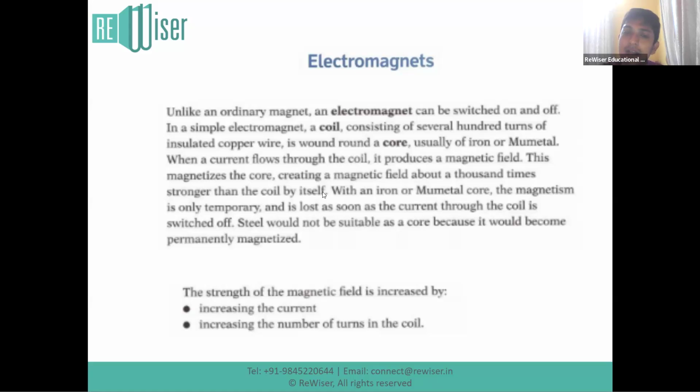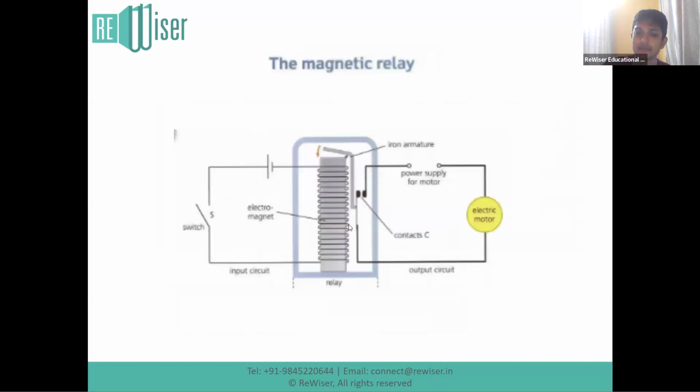And another important difference is you can increase or decrease the strength of an electromagnet very easily just by increasing or decreasing the current and the number of turns. But it is increasingly more difficult to alter or manipulate the strength of a permanent magnet, because you will have to follow the methods of magnetization and demagnetization.